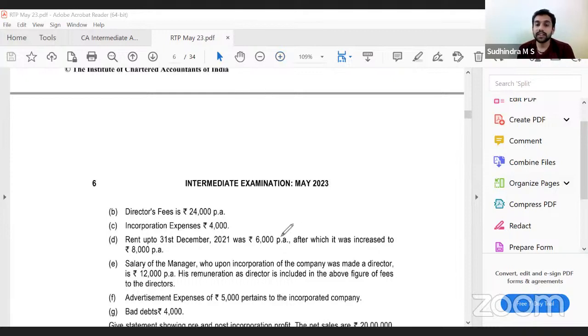This is not 6,000 per month. This is 6,000 per annum. These are the kind of mistakes that we make, and the sad part is we don't realize it, and after the exam, after the results come out, we blame the institute that I have written correctly, they have not given me the answer.